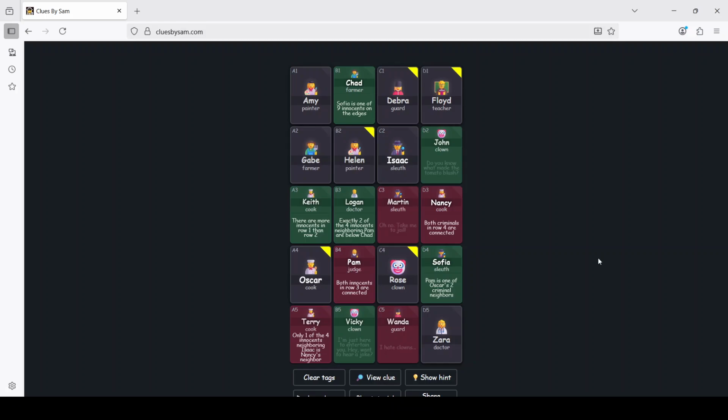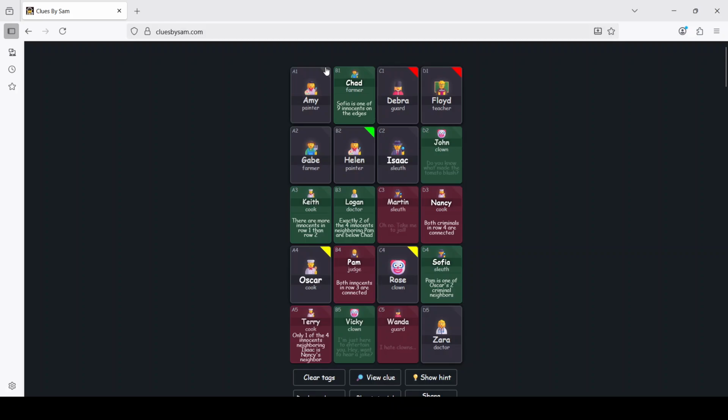Let's see, though, because we know there have to be 9 innocents on the edges. If Floyd and Deborah are both criminals and Helen is the innocent, let's see whether we could possibly get those innocents, because for there to be more innocents in row 1 than row 2.